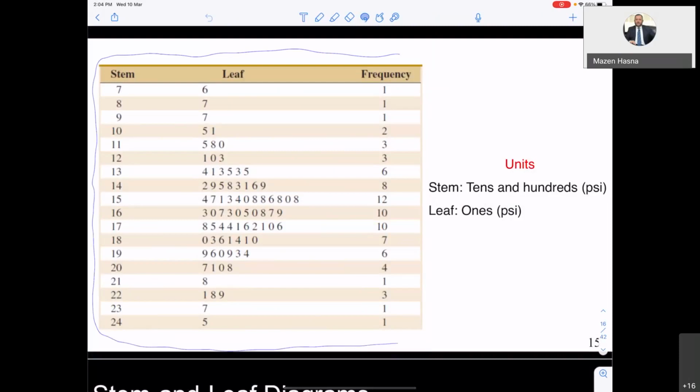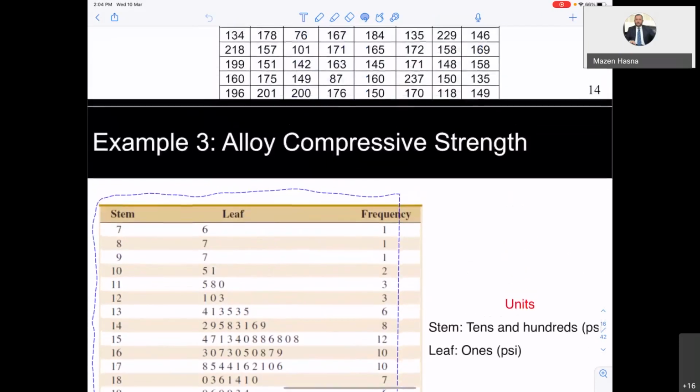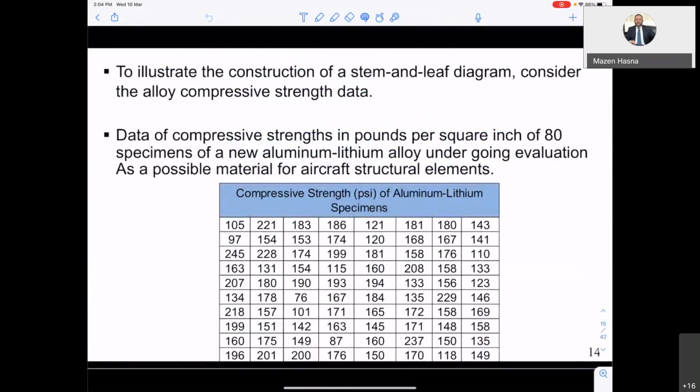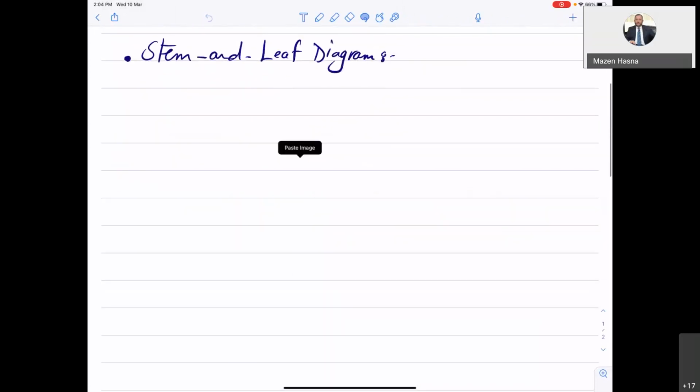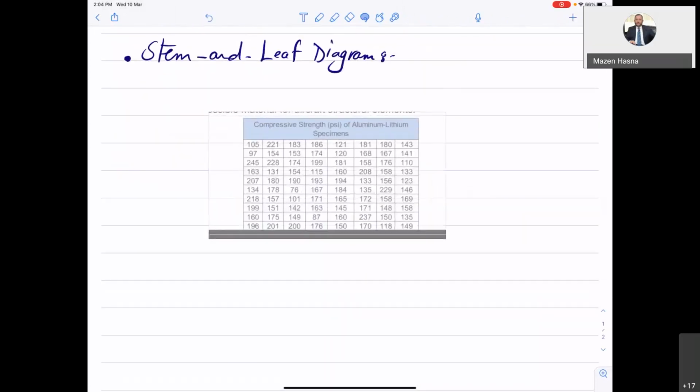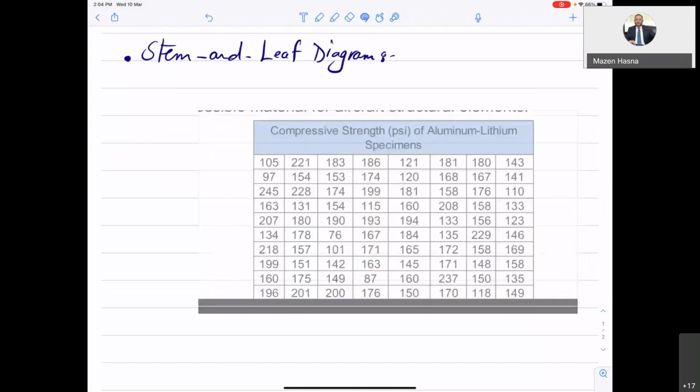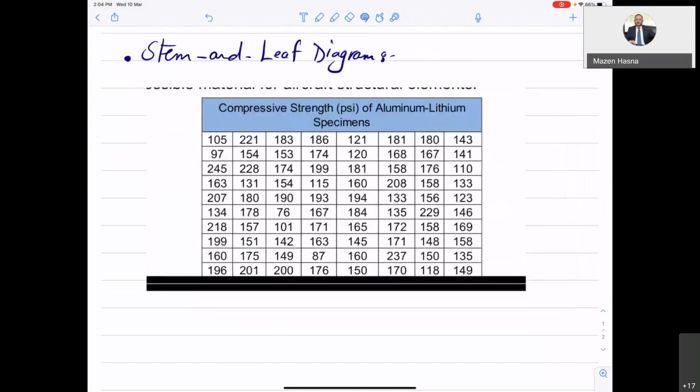So assume that I have this set of data where you did a kind of experiment and you want to present the data for your boss, and you decided to use a stem and leaf diagram.